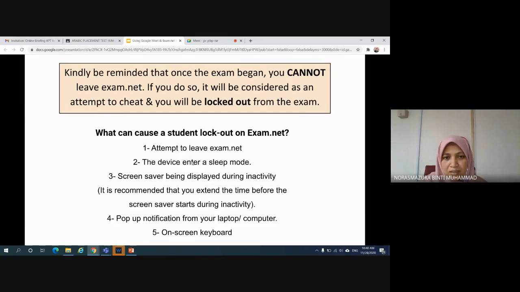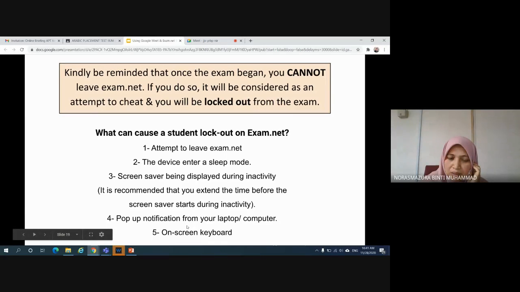Second, the device enters sleep mode, so make sure that the computer is not in sleep mode. Screen saver also, being displayed during inactivity. It is recommended that you extend the time before the screen saver starts during inactivity. A pop-up notification from your laptop or computer will also get you locked out.